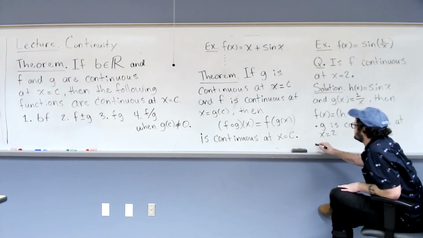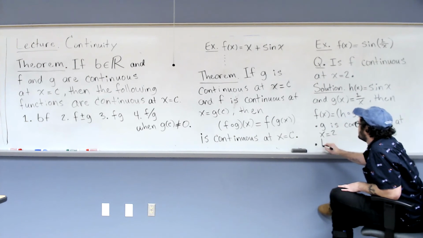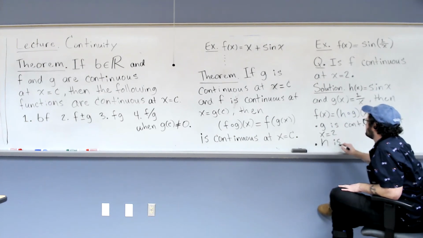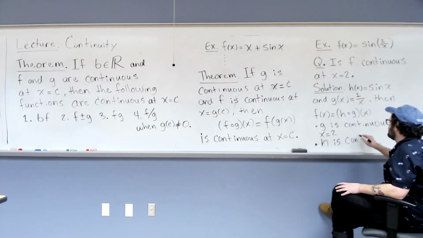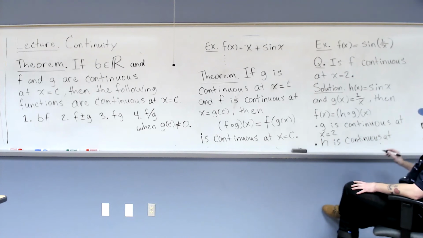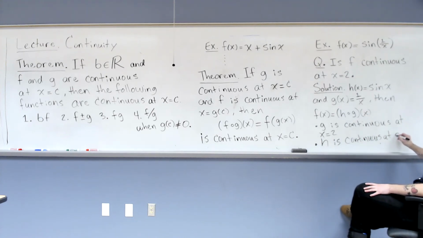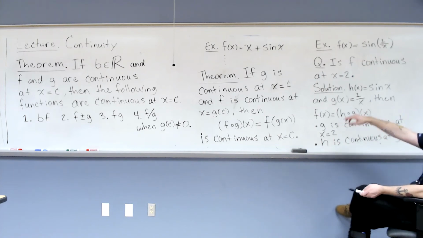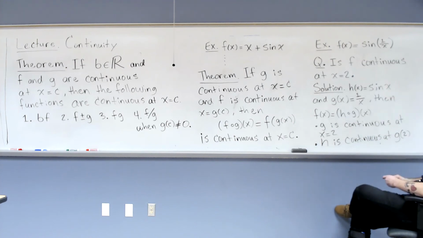And h is continuous at g of 2, right? g of 2 is what, a half? And then sine of a half is going to be continuous there. So that means that we could apply this theorem and say, yes, that function is continuous at x equals 2.